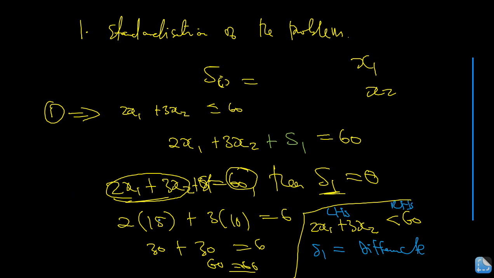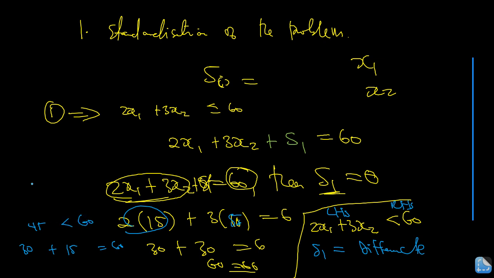Simply put, if you discovered that, for example, x2 was 5, then we have 30 plus 3 times 5, which is 15, so this is 45. Now we know that 45 is not equal to 60. In fact, 45 is less than 60.